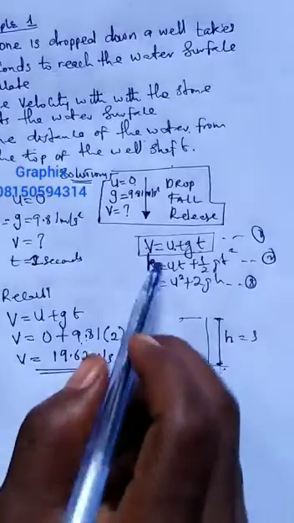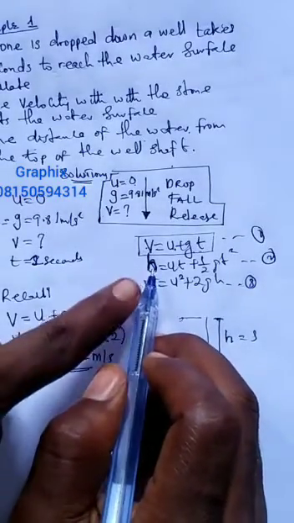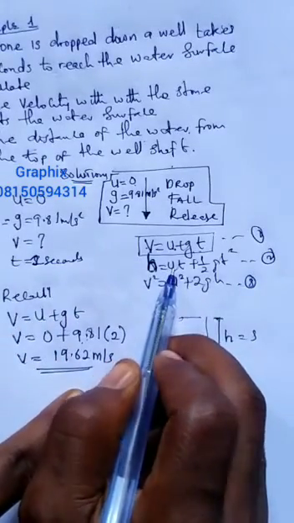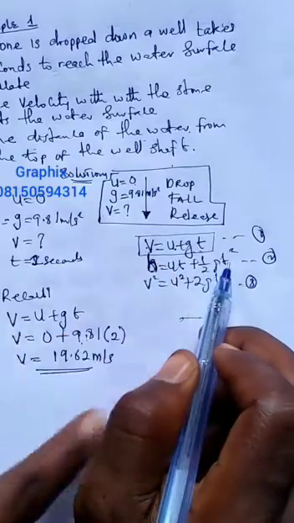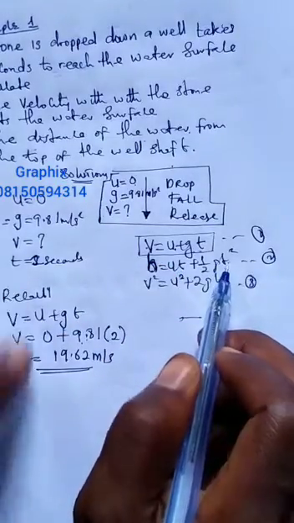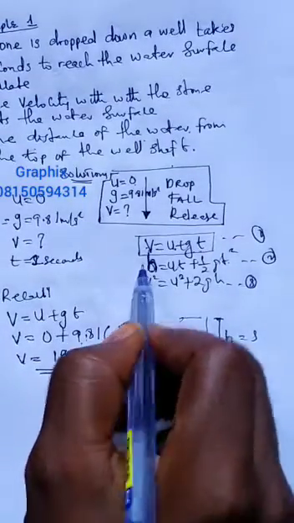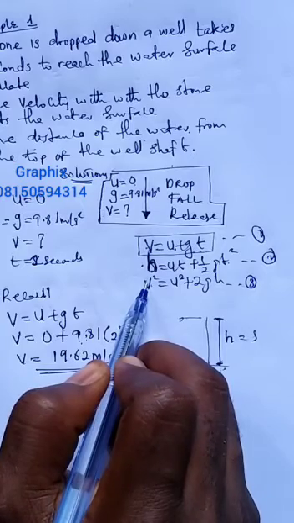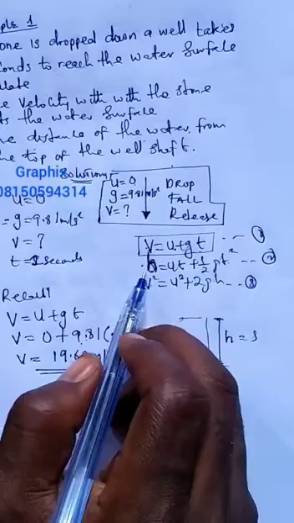So we'll be able to use this here, because we're looking for h, which is the distance, also the height. We have u, we have t, we have g, right? So we'll start by substituting in. You can use any of these two, but I'll make use of this to be easier for me, because if I use the other, I will start making h the subject of the formula. It takes a lot of process, so I'll use this.